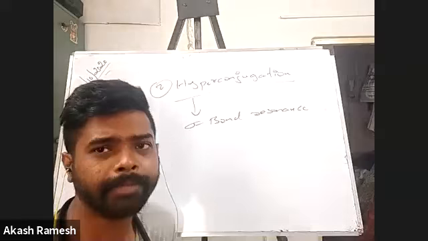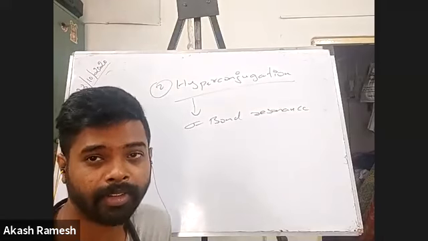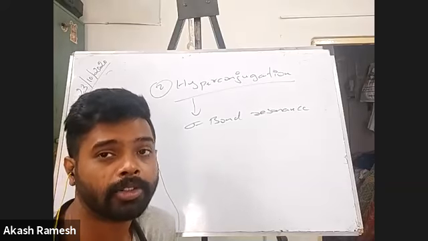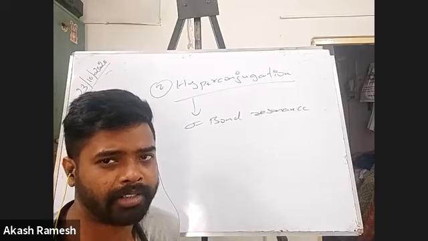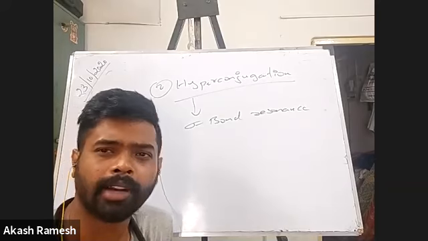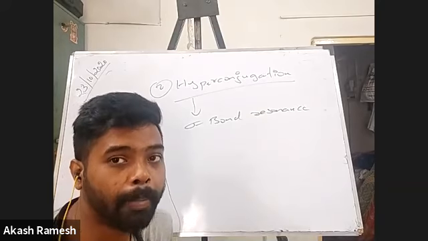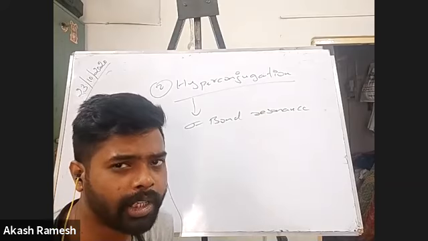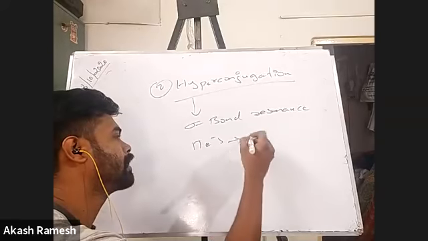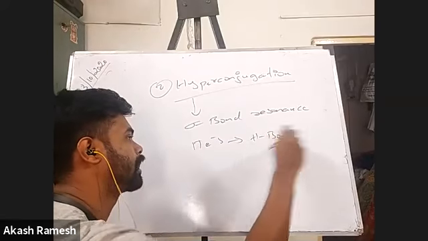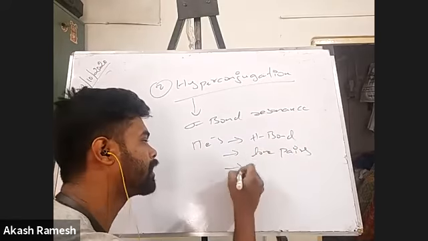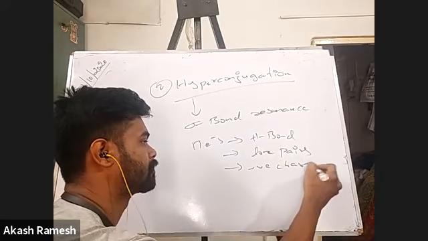Generally, whenever I go for resonance, I take only pi electrons. You already have some knowledge about resonance, that's why I'm talking about it. When I say pi electrons, they are not only the electrons in a pi bond. Pi electrons can be in the form of a pi bond, or in the form of lone pairs, or in the form of negative charges.